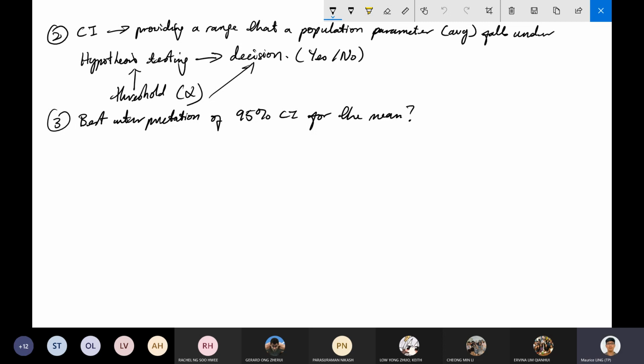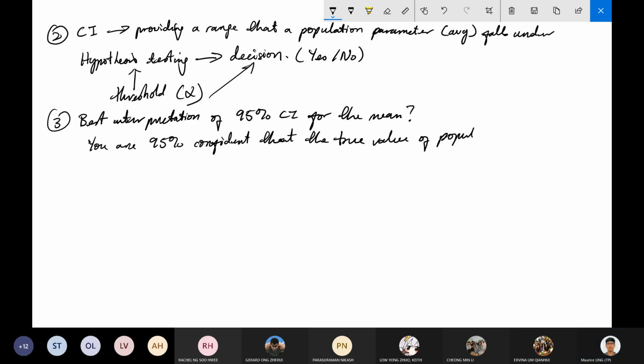Alright, you're 95% confident that the true value of the population is within, let's say, x1 and x2, right?